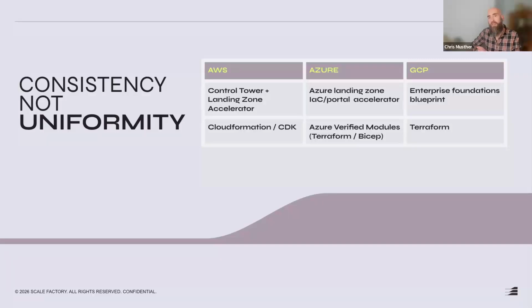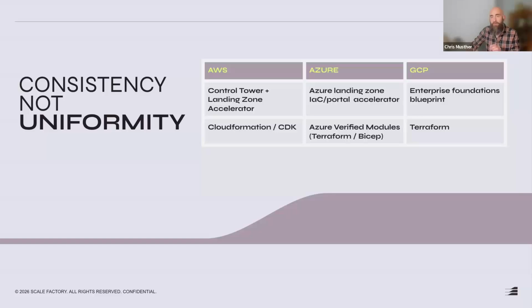Azure, with their Cloud Adoption Framework, have an Azure landing zone IaC and portal accelerator that will allow you to stand up an opinionated basic environment quite quickly within Azure. And then you can use the Azure Verified Modules for Terraform or Bicep, depending on what your particular poison is, to actually customize that environment ready to receive workloads.